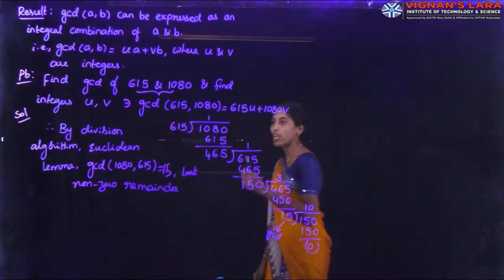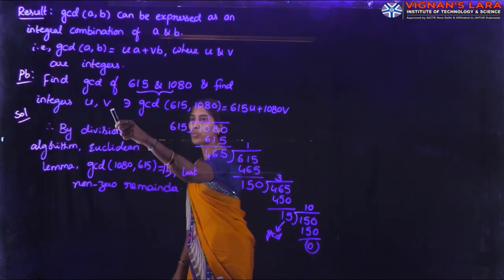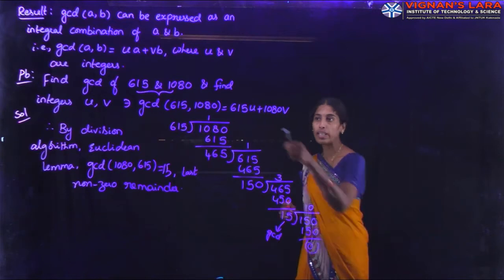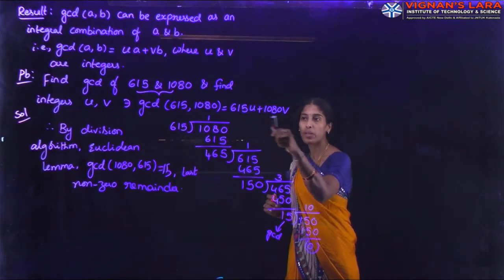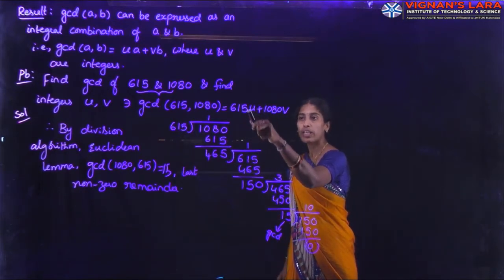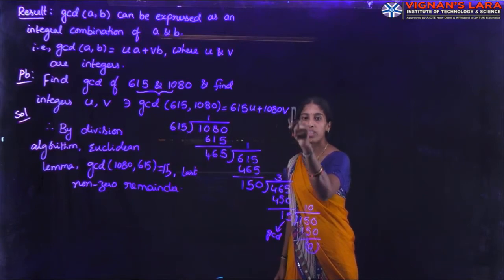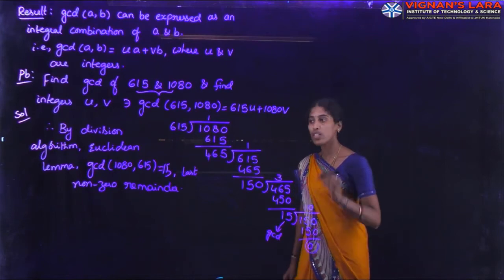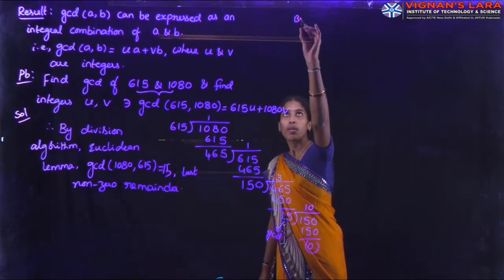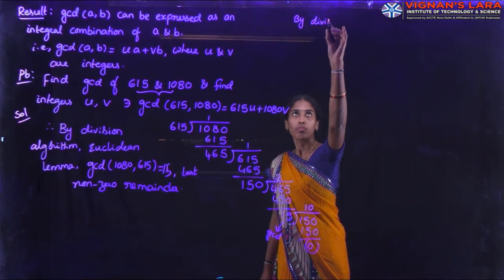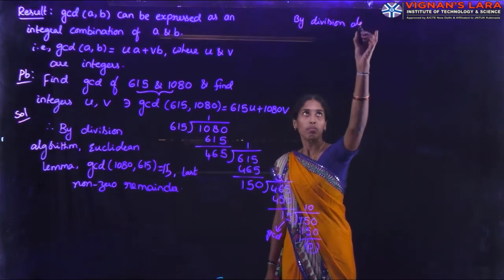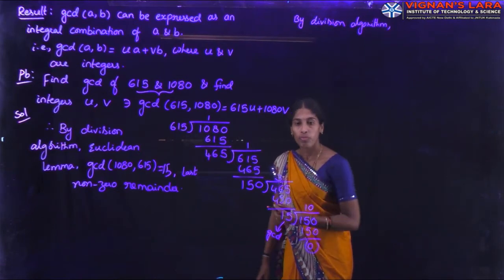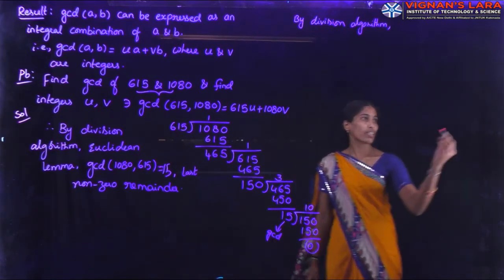But in this sum they also ask to find the integers U comma V such that the GCD value can be expressed as the integral combination or linear combination of 615 into some integer plus 1080 into some integer. For this we use the concept of division algorithm. So by division algorithm, right? What is the division algorithm?